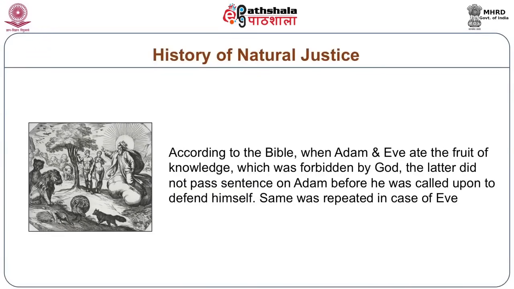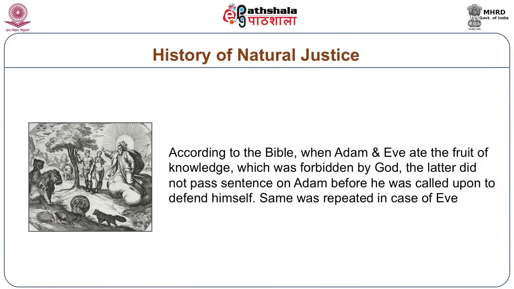And before God meted out the punishment that they were to get as a consequence of disobeying God's command, God asked each, Eve and Adam, to appear before him and explain the reasons why they violated the command.